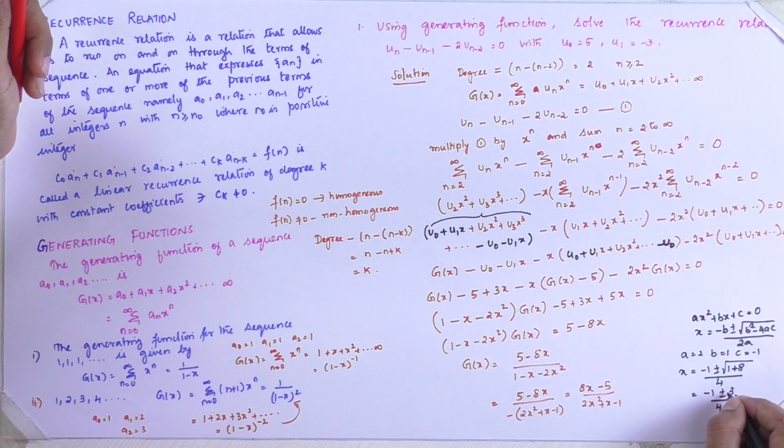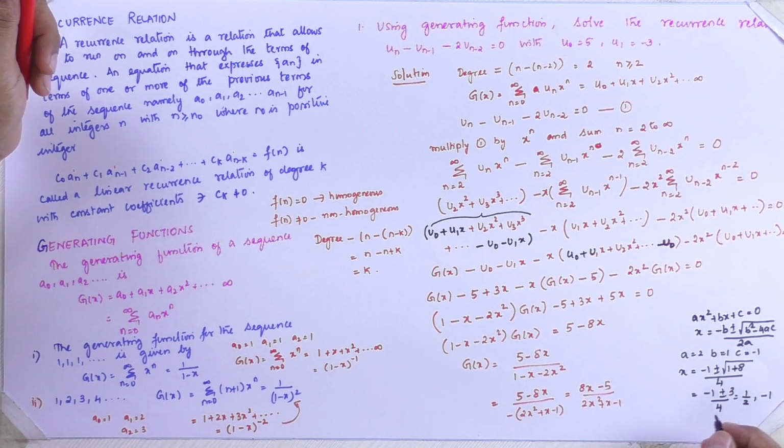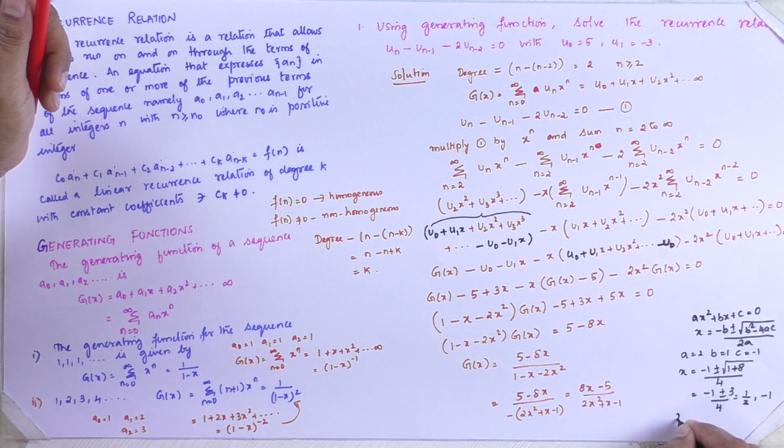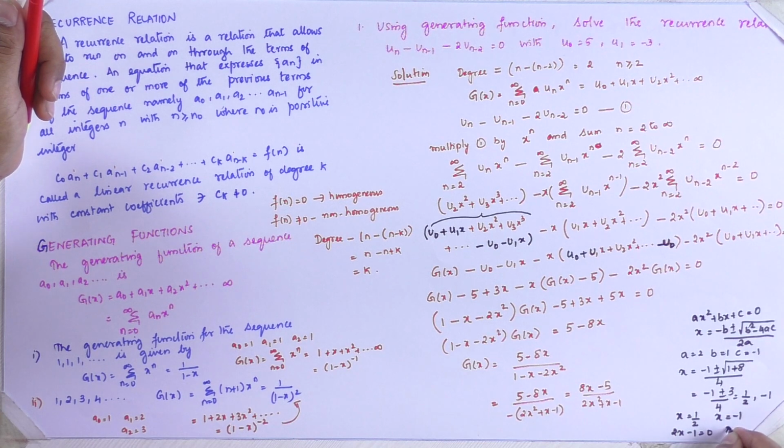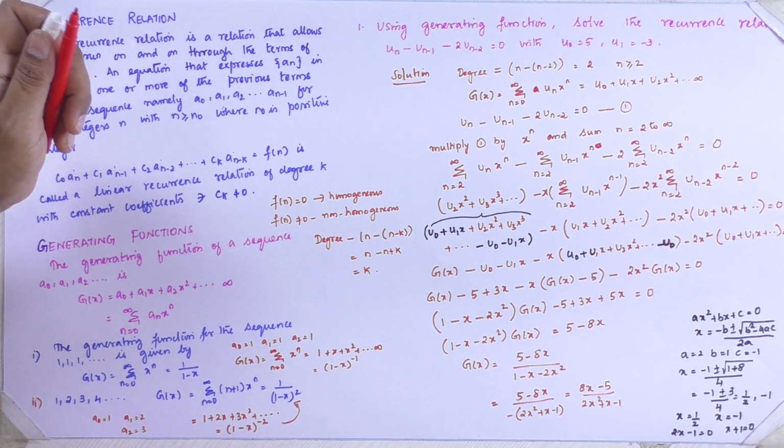So minus 1 plus 3, I get 2, 2 by 4, it is 1 by 2, and minus 1 minus 3 is minus 4, so I will get it to be as minus 1. So the factors of this term are, the roots are x is equal to 1 by 2 and x is equal to minus 1, or I will get 2x minus 1 equal to 0 or x plus 1 equal to 0.